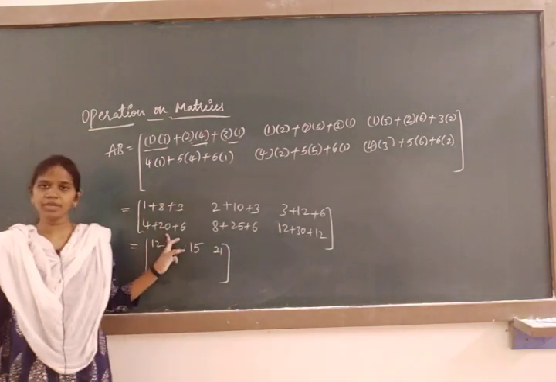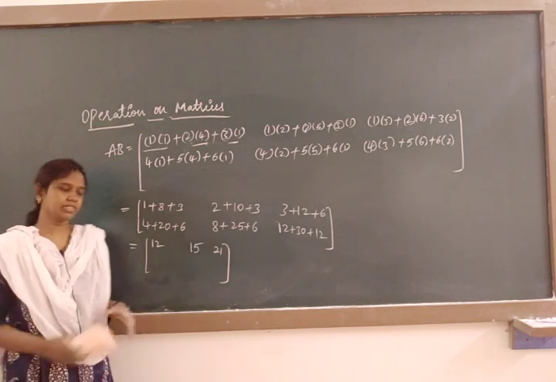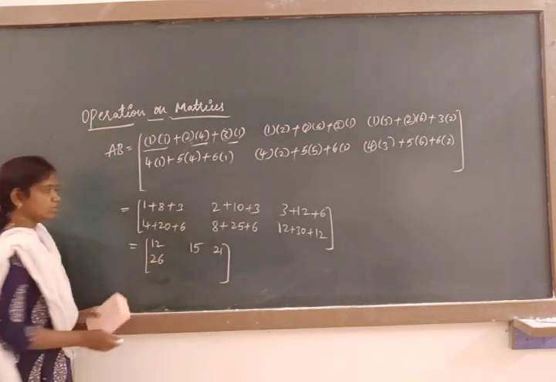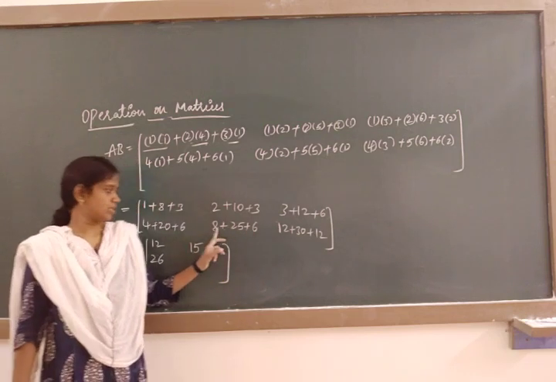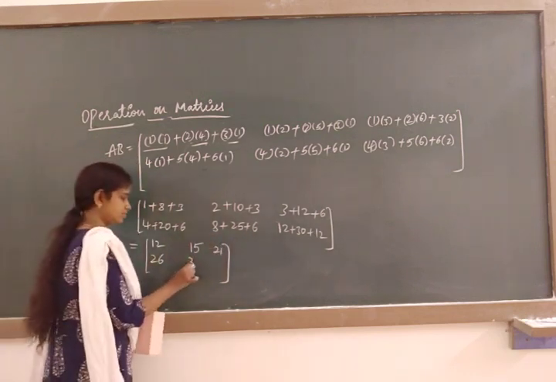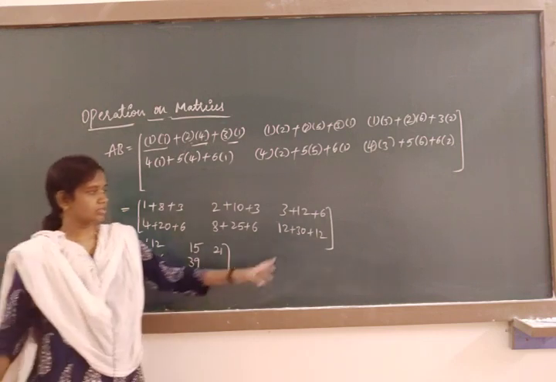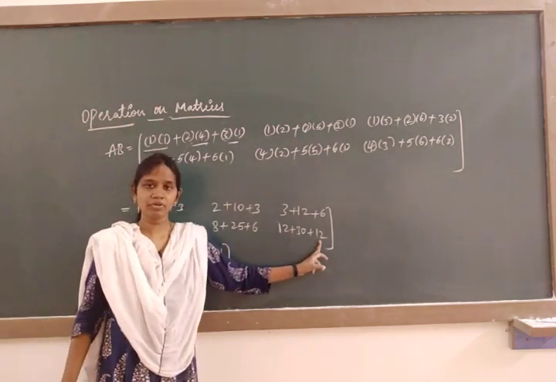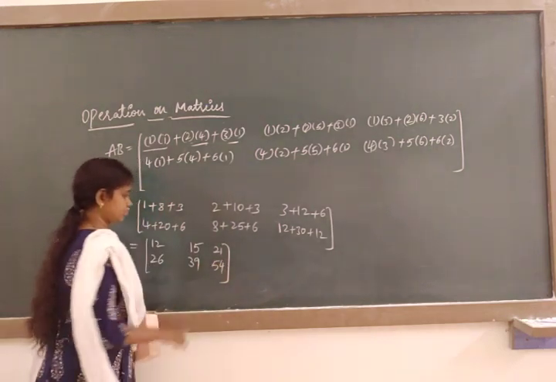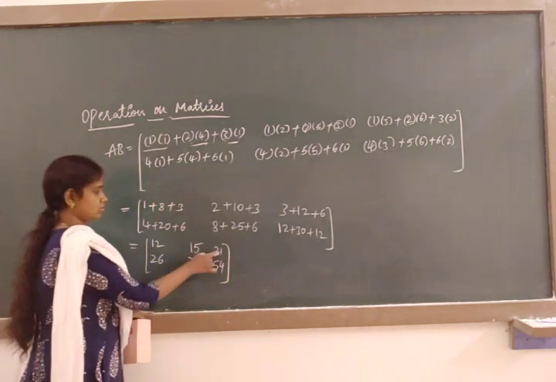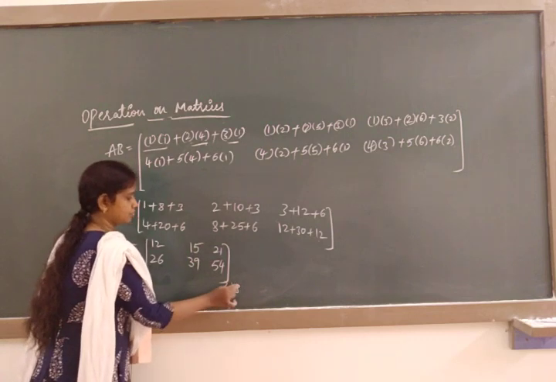Next 4 plus 20 is 24, 24 plus 6 is 30. Next 25 plus 6 is 31, 31 plus 8 is 39. Next 12 plus 12 is 24, 24 plus 30 is 54. This is of order 2 cross 3.